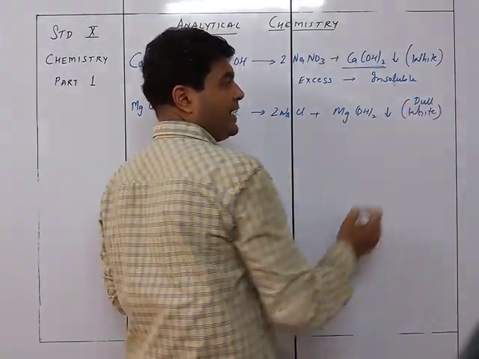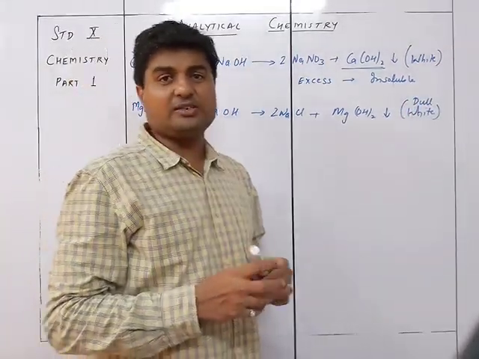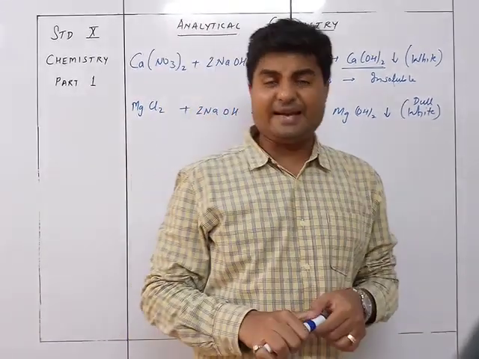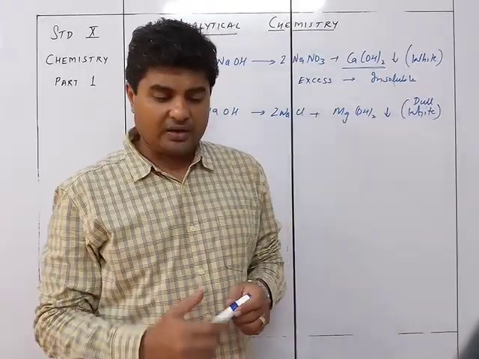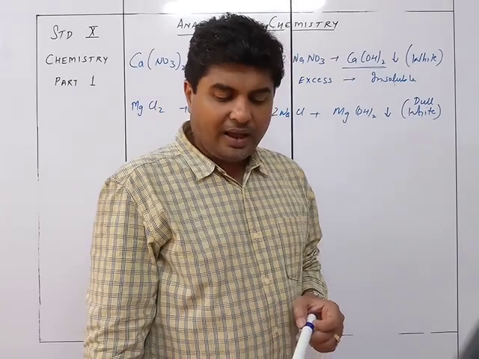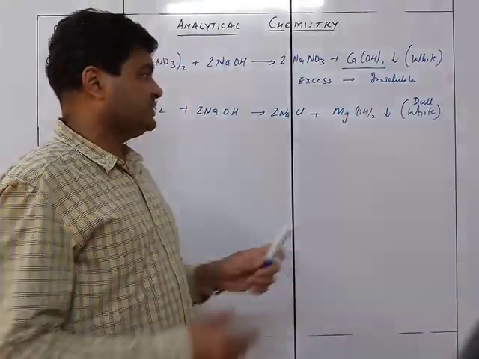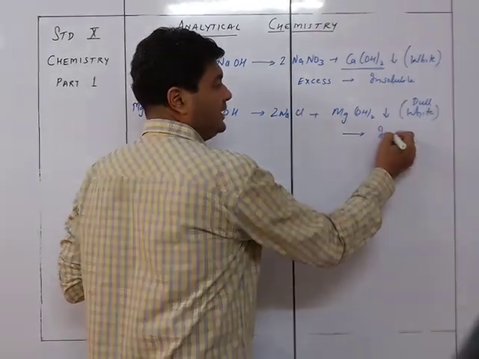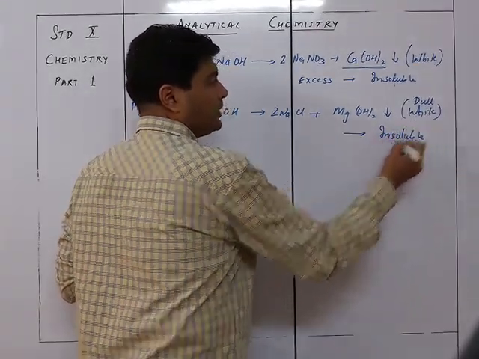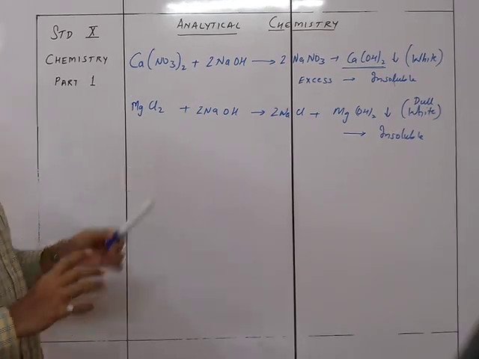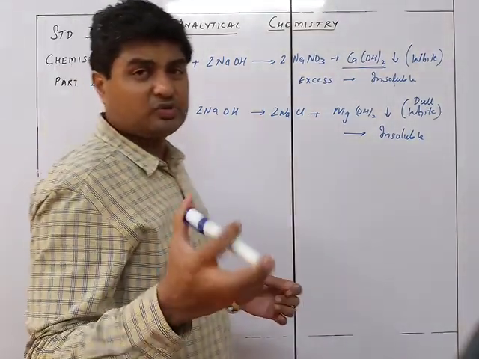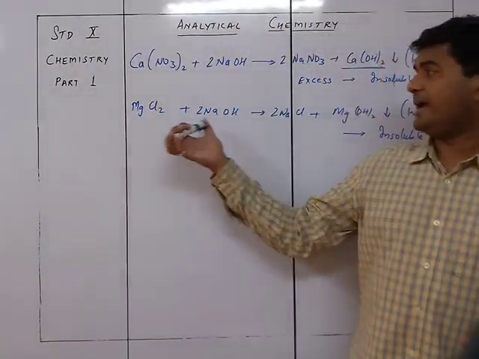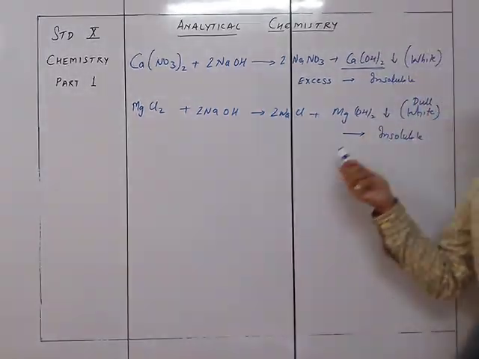So when you are writing the answer, you can write that it is dull white, so we are more precise in telling what kind of color it is. When you add excess of this, what happens in excess? It is still insoluble. So if I take any magnesium salt, magnesium chloride or magnesium sulfate, and react it with NaOH, I am going to get magnesium hydroxide.